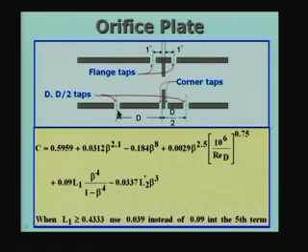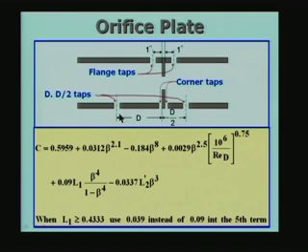So, what is this tap I am talking about? It is a small diameter hole, normally 1 to 3 millimeters in diameter, to which one of the manometer legs is connected and the other manometer leg is connected to this. That is essentially what it is.